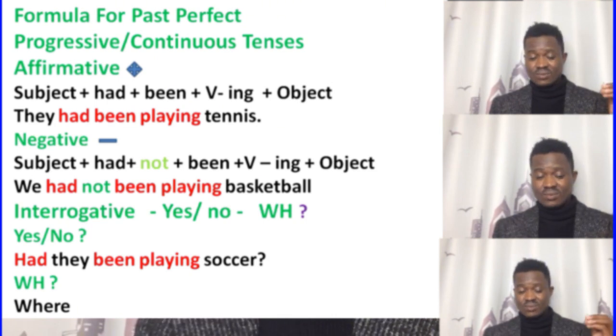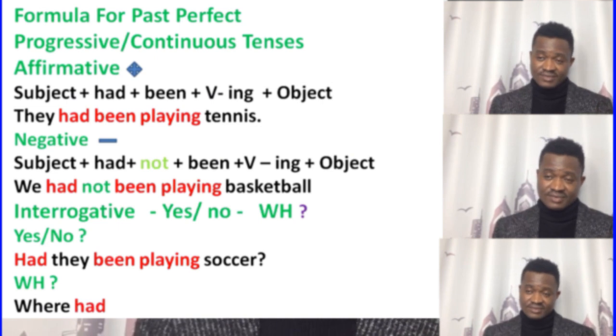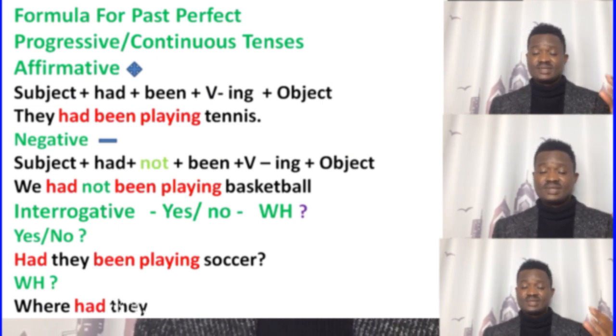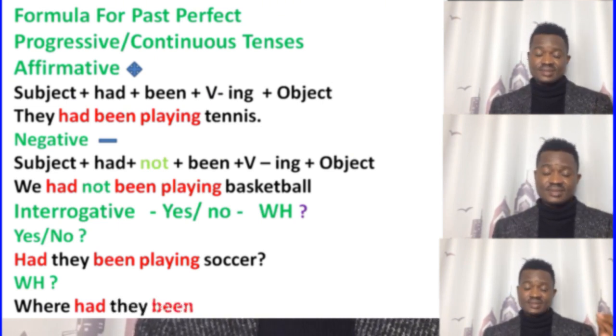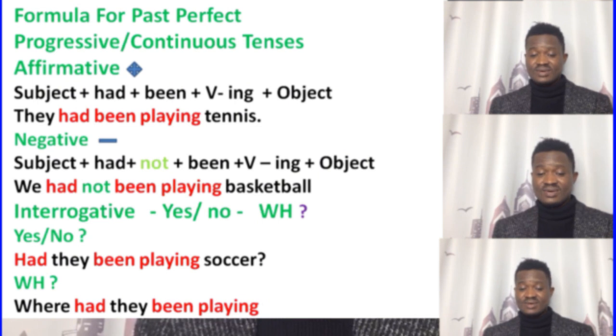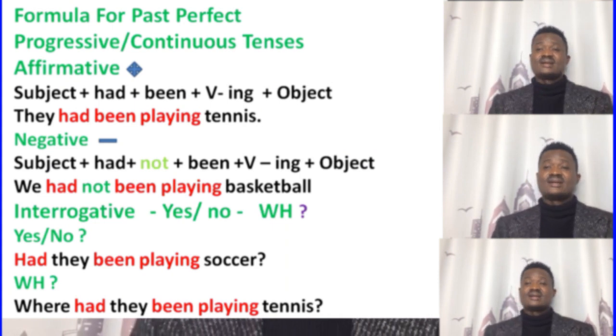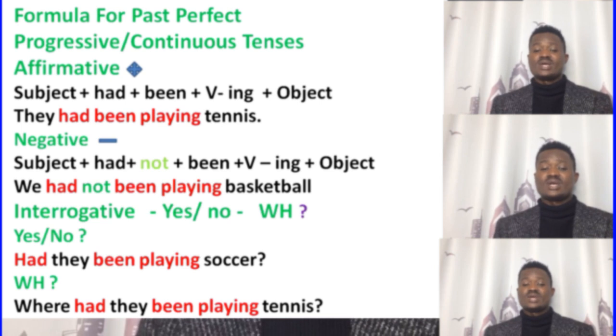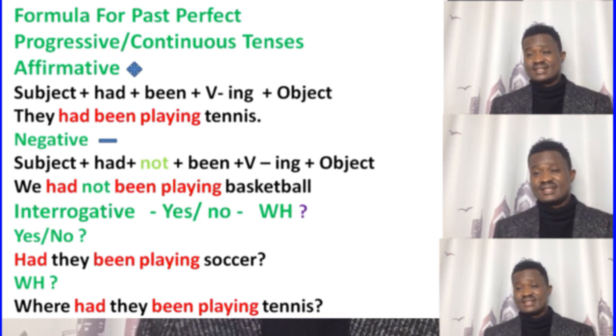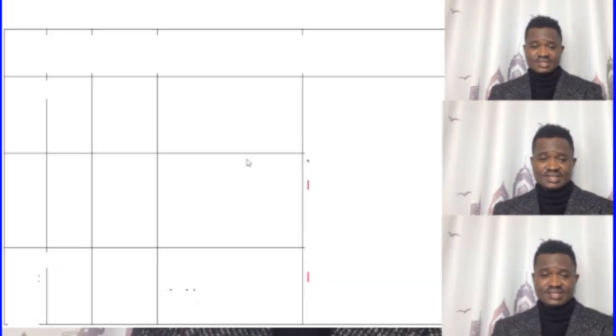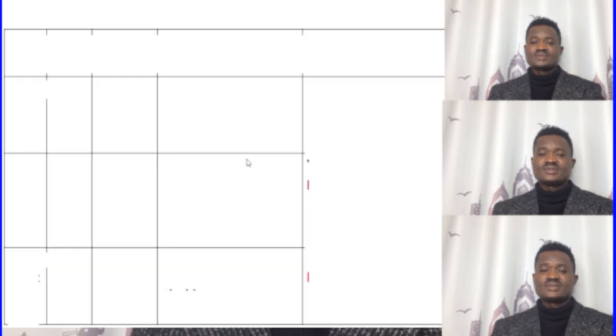So the WH question, where, then we have the auxiliary verb, the subject, been, playing. So playing is the what? Verb-ing. Tennis is the object. So this is the WH question. Where had they been playing tennis? And I think this can help us greatly. All right. So let's go.